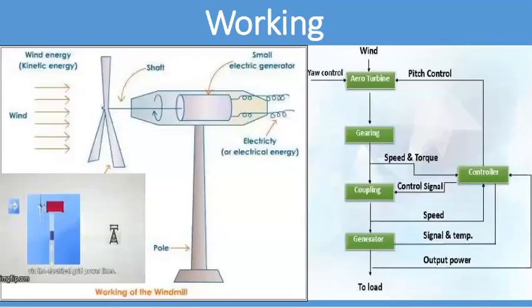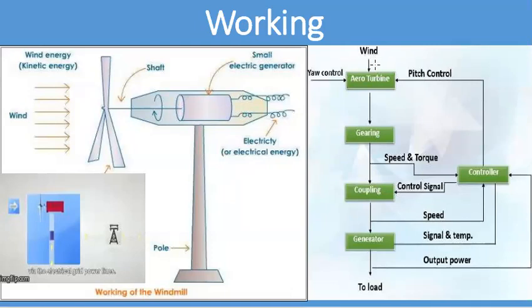So coming to the working, by using these components, the wind turbine will work. So here you can see that this is the normal wind turbine which is seen outside. So here is the operation representation flowchart.